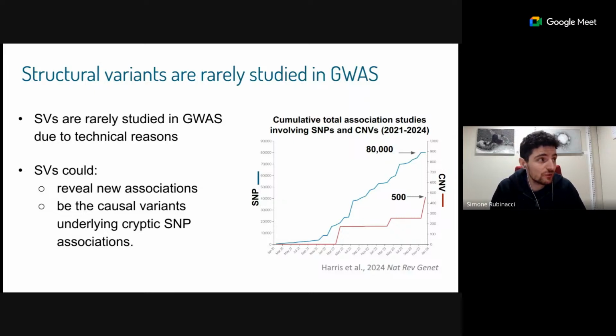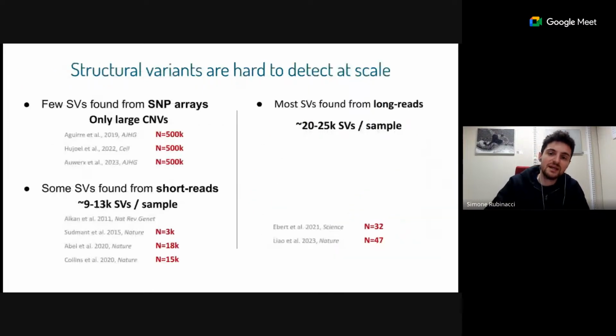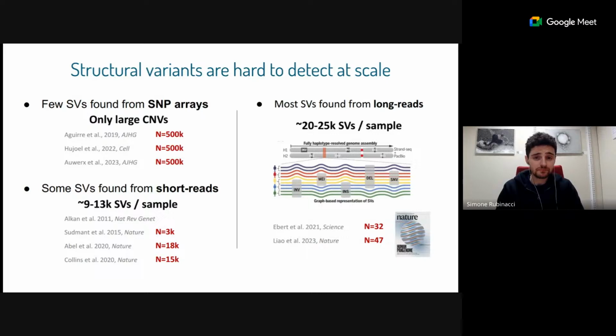Structural variants could reveal new associations, but also be the true cause behind a cryptic SNP association, where the SNP association is in LD with the structural variant. And the reason why structural variants have not been consistently included in GWAS is because structural variant calling is technically difficult to do at scale.